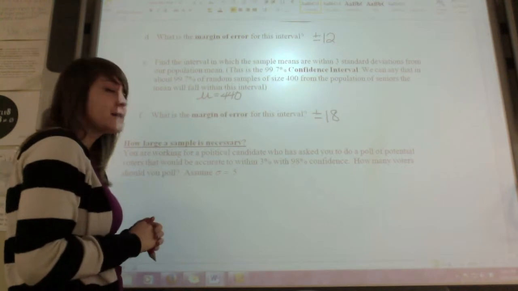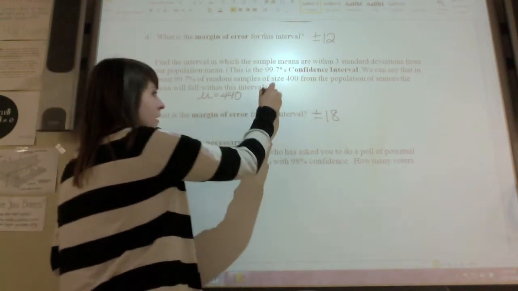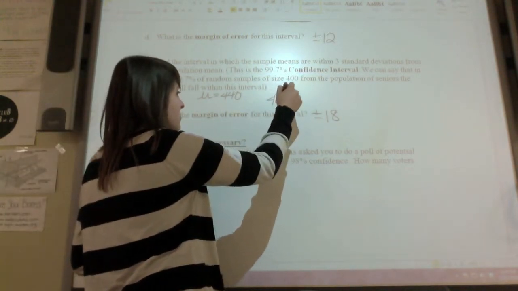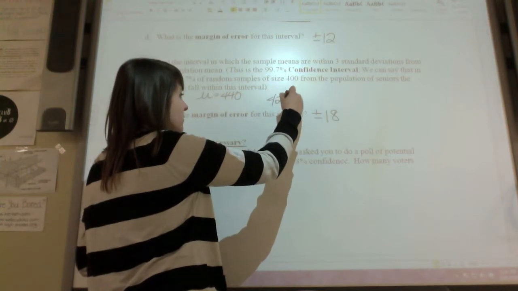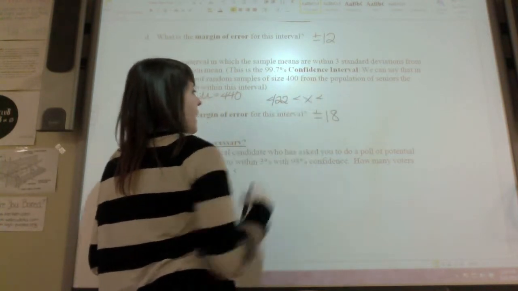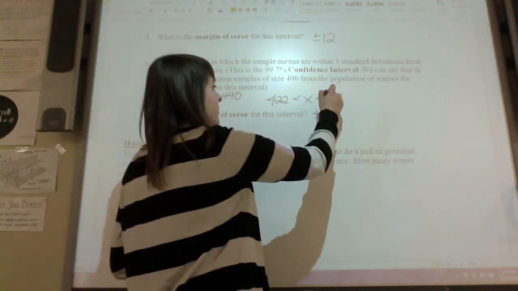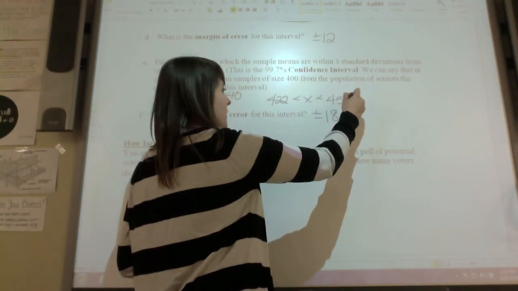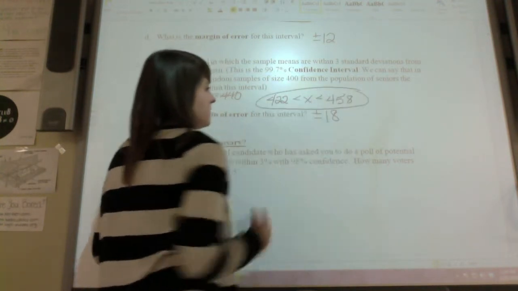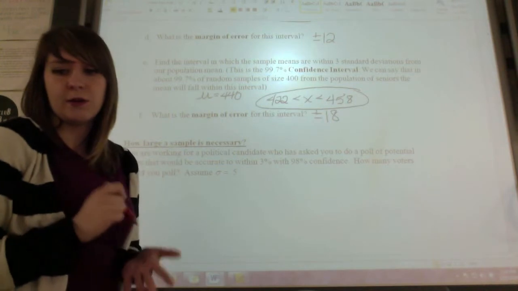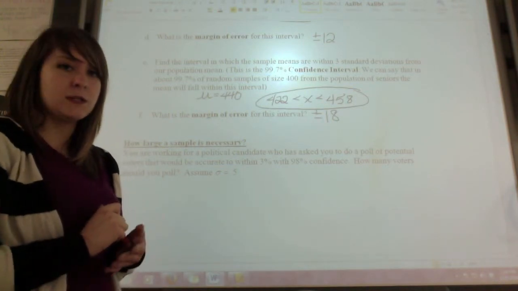So if I subtract 18 from 440, I get 422. And if I add it, I get 458. So that's going to be my range of values that are within 3 standard deviations from the mean.